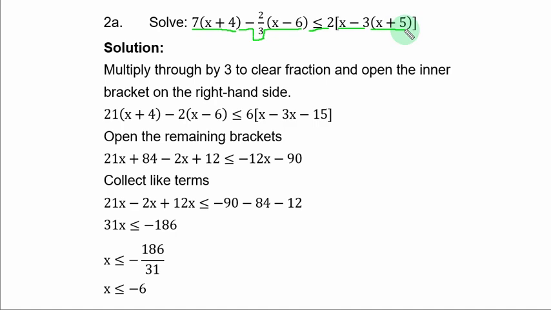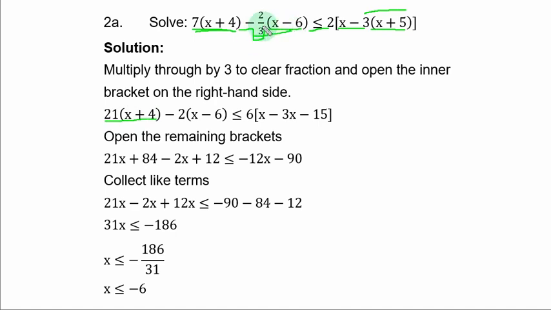Multiply through by 3 to clear fraction and open the inner bracket. That is this bracket. We open this one, and at the same time clear the fractions. So if you multiply this term by 3, you have 21 into (s + 4). Then minus, you multiply this term by 3 now.